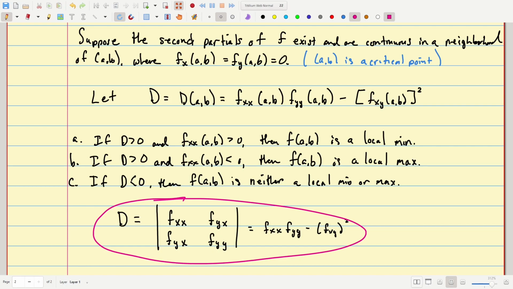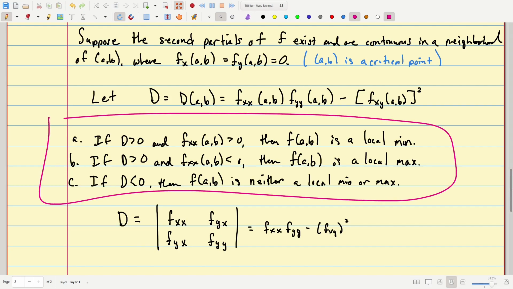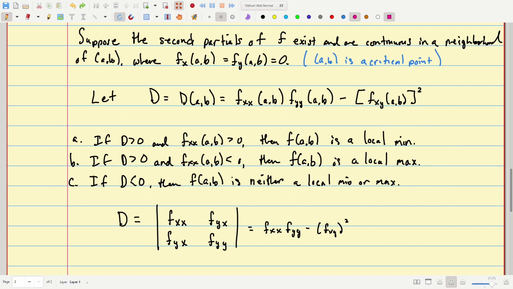I can't do a better job of explaining what that is without going on a huge tangent. But when we talk about integration, we'll get into the kinds of things that are going on here. What's happening is that this is encoding information about how the second derivatives of the surface are changing. And we can, from this information, extract, using the second derivative test, whether we're at a local min or local max.